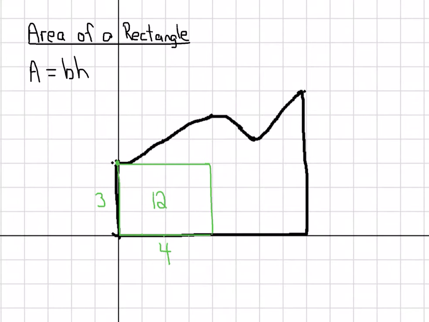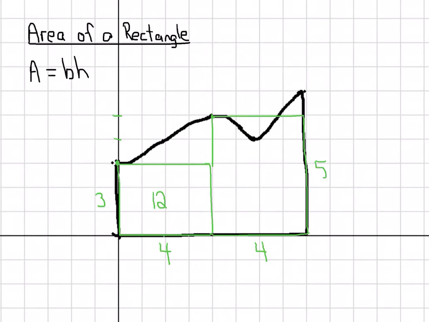Now, if I do the same thing, and I start again with this left end, there it is up the curve. You want to try to get it right on a value that you can see of this curve. So here, I can go over 1, 2, 3, 4, and I have another rectangle, and its width is also 4, but its height is 1, 2, 3, 4, 5.